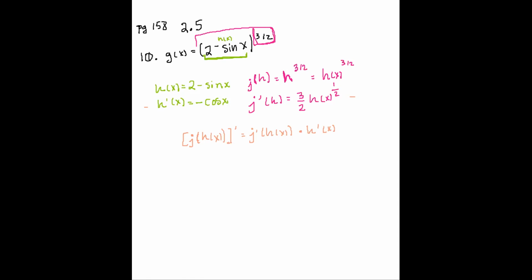So now that I have my formula established, I'm going to fill in what I need. So J prime of H of X is 3 over 2 H of X to the 1/2. And then I'm going to multiply that by H prime of X, excuse me. And now I'm going to sub in the stuff in green.